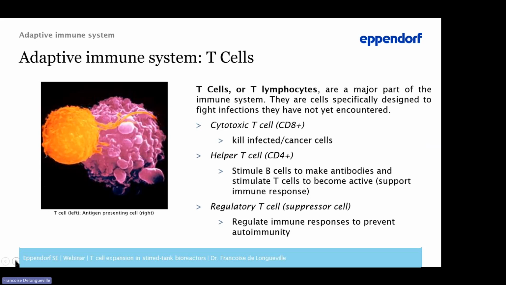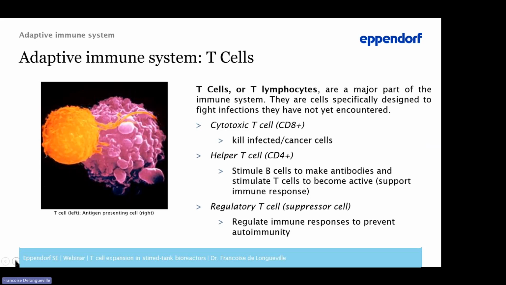Those cells are grouped in three subsets based on their function. We have first the cytotoxic T cell, also called CD8 plus cell, due to the presence of a CD8 receptor on their membrane. Those cells kill cells infected by viruses and bacteria, but also destroy tumor cells.